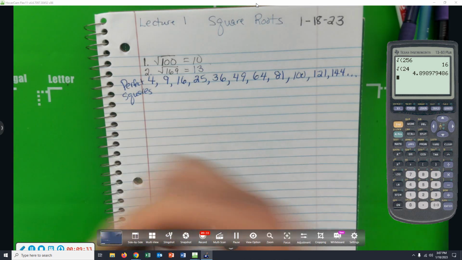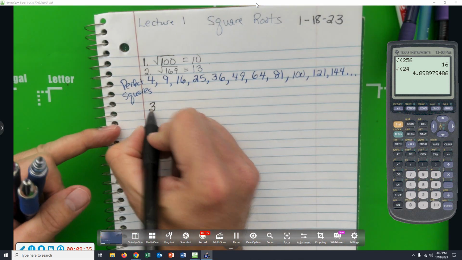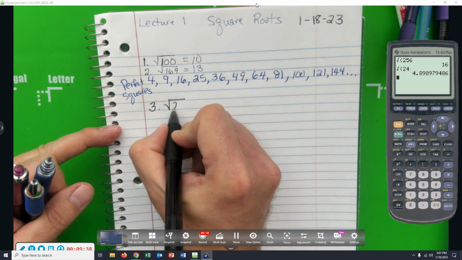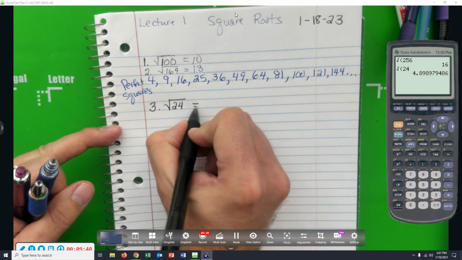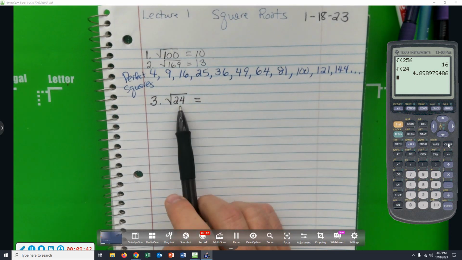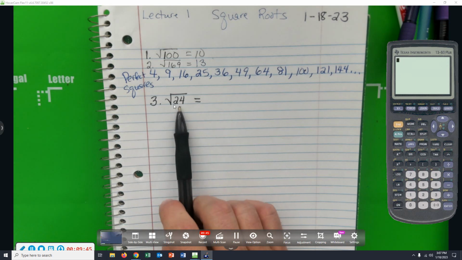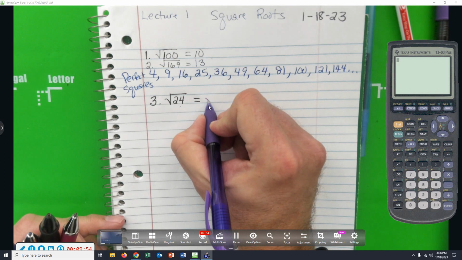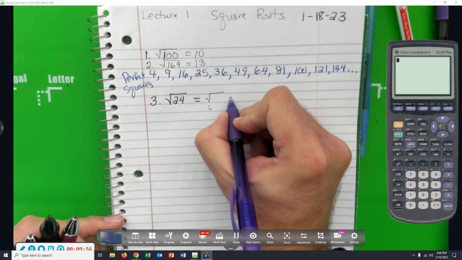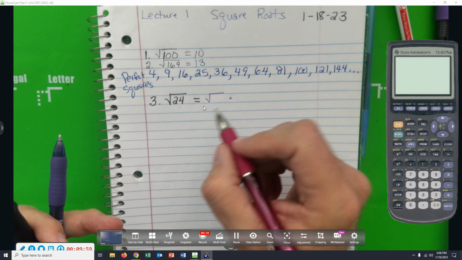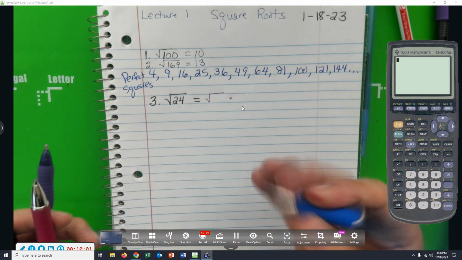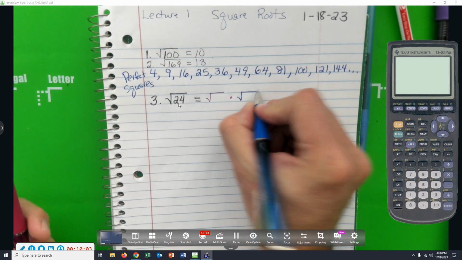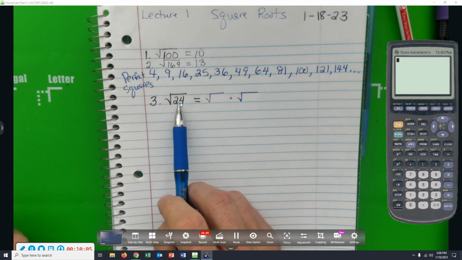So let's do problem number 3 now. The square root of 24. If you're simplifying a number that isn't a perfect square, the way I prefer to do it, the way I'll do it in class and the way I'm going to show you right now, is to rewrite it as a product. By product, I mean multiplication. You want the biggest perfect square that divides evenly into 24.